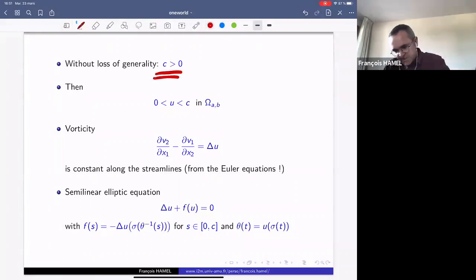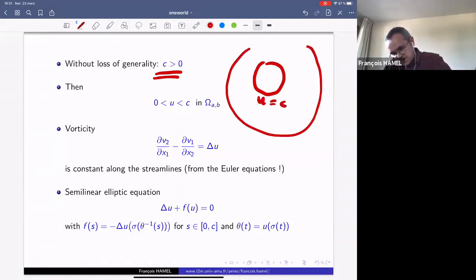So c is the value: u equals c on the inner boundary and u equals 0 on the outer boundary. So c is non-zero and we assume c is positive without loss of generality.